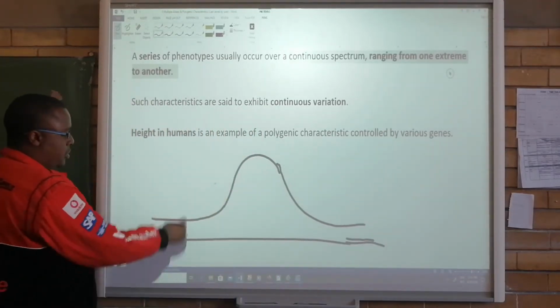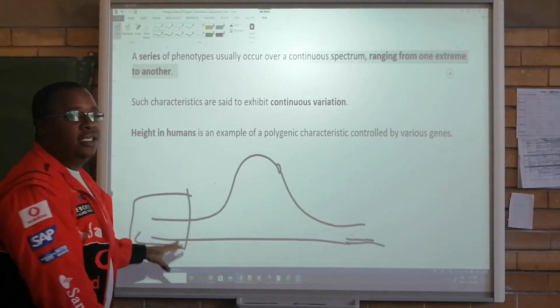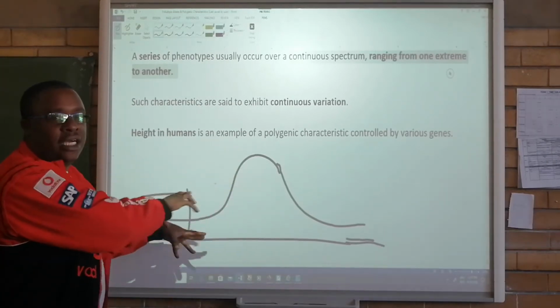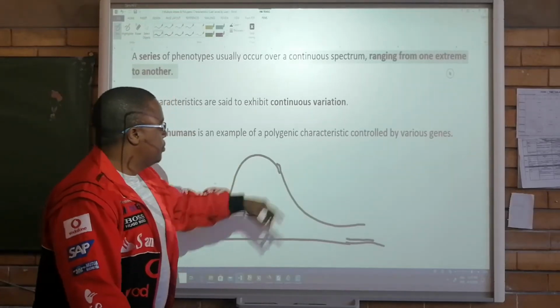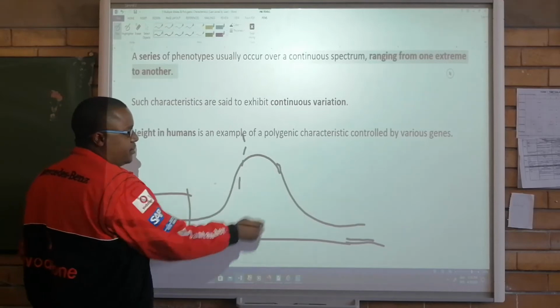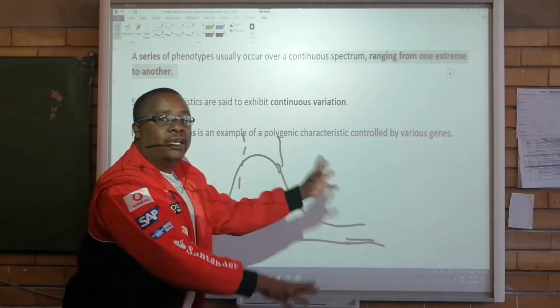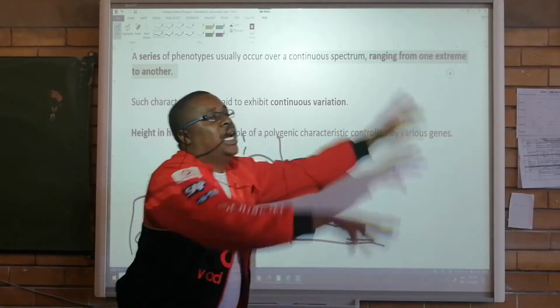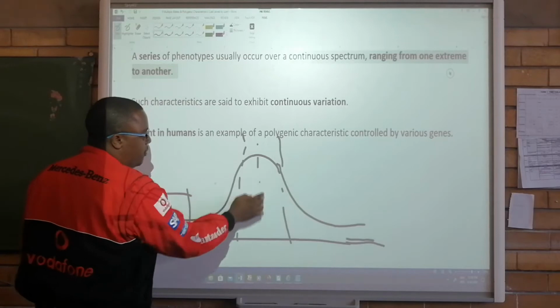On this side, if you look at skin complexion, you've got very dark, black. And then gradually the complexion gets lighter. And then on the other extreme here, you have very light, translucent white. And the majority of the population is found somewhere in here.